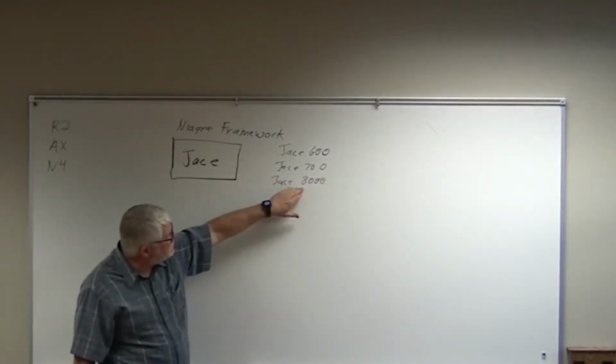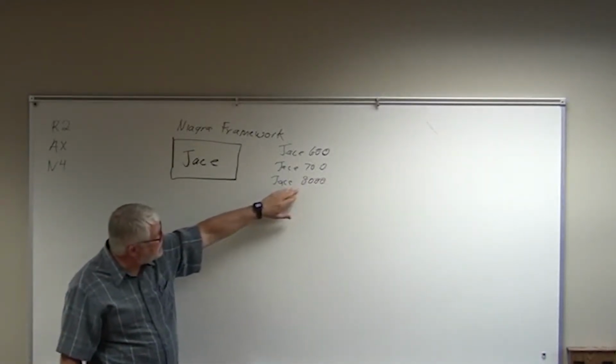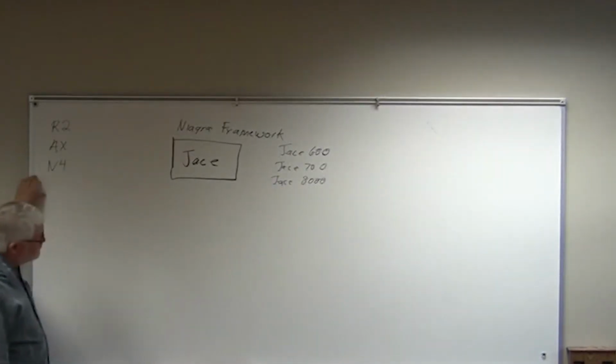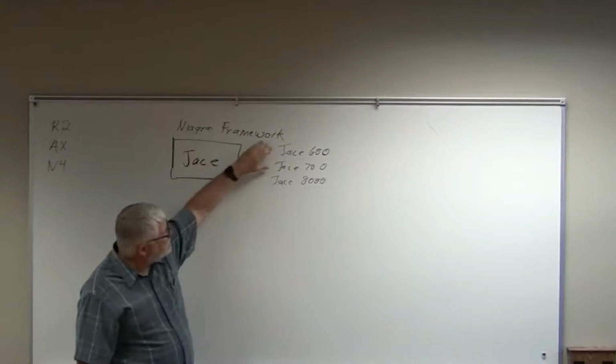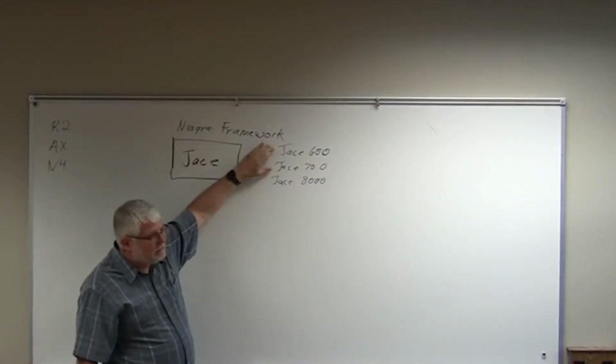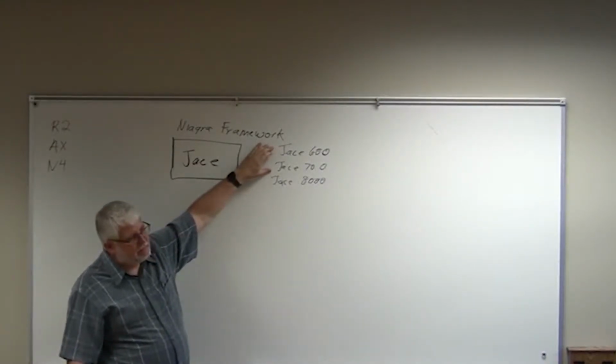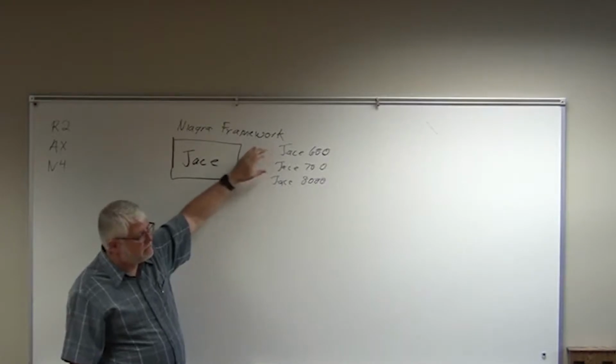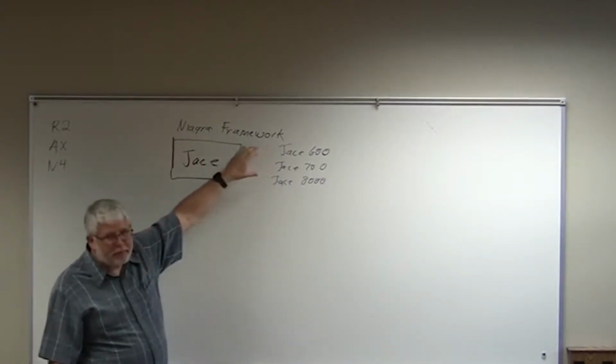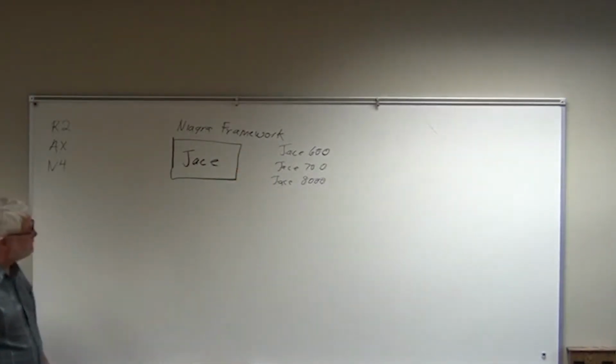So this one has more memory and more processor power to be able to run the N4 software. You can only go to a certain version of N4 in these JACEs, if you guys ever go that route, because they don't have enough horsepower to handle all the new stuff in there, okay?